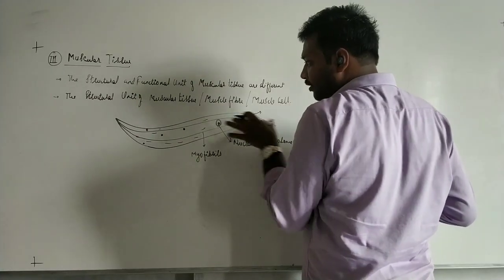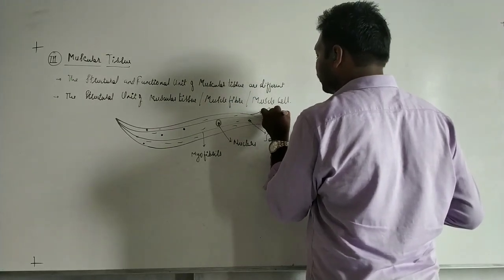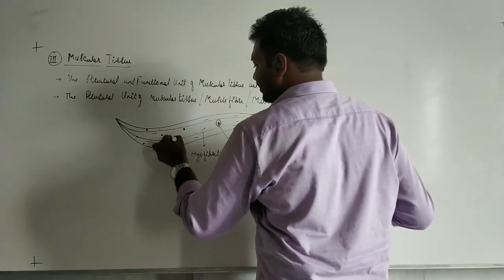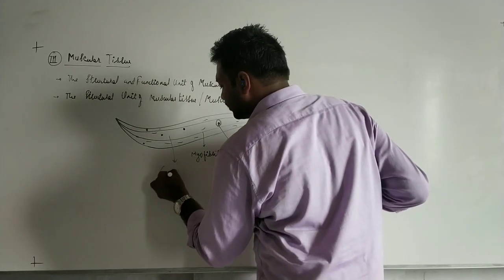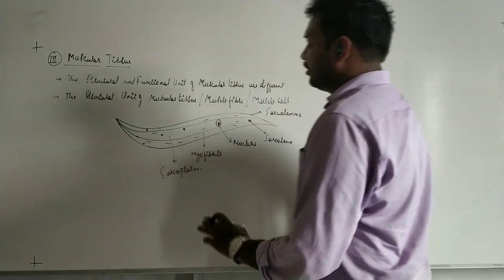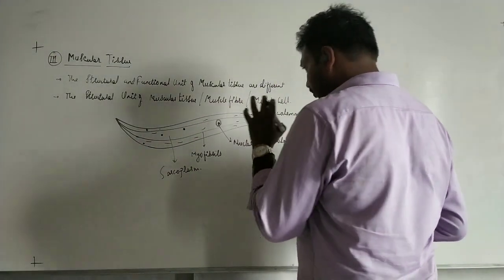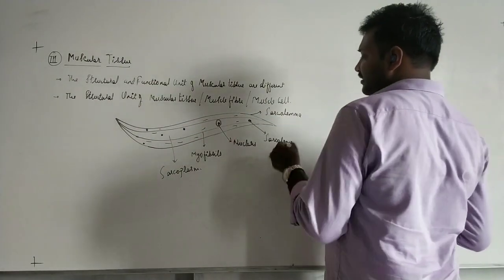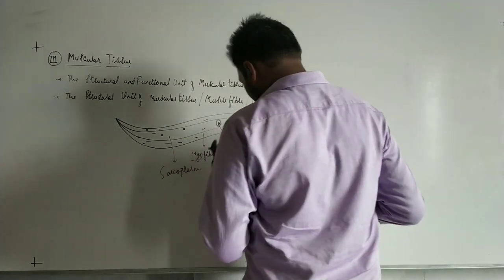This is the plasma membrane of this cell, which is called the sarcolemma. And the cytoplasm is referred to as the sarcoplasm. So the structural unit of muscular tissue consists of the nucleus, sarcolemma, sarcosomes, myofibrils and the sarcoplasm.